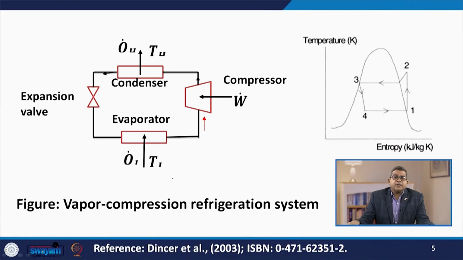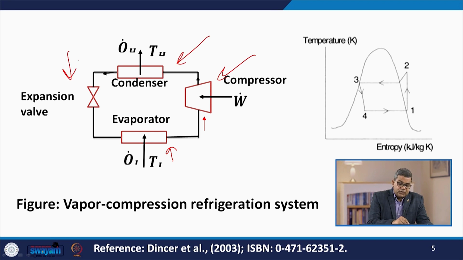Here you see the four integral parts of your vapor compression refrigeration system, which we have already discussed: the evaporator, which is maintained at a particular temperature, then the compressor, then the condenser, and then the expansion valve.